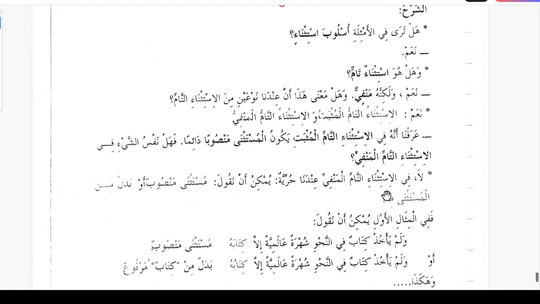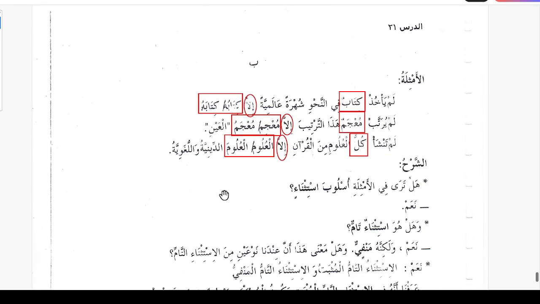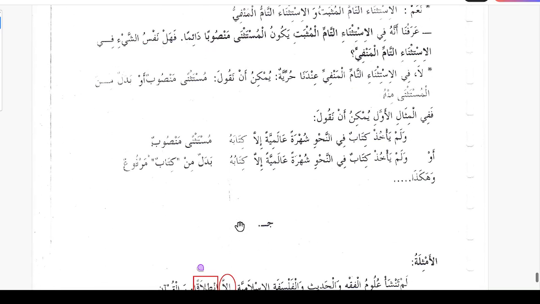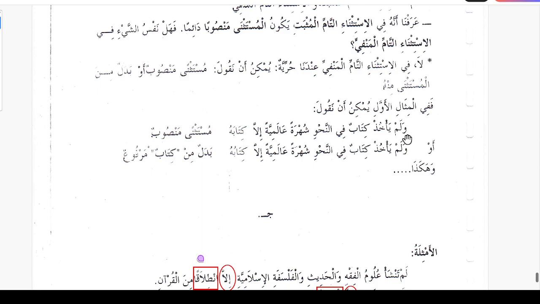So in other words, we have an option here, either to use the mustasna in mansub form, or we take the i'rab of mustasna minhu, like kitabun, mojamun, kullu. So we can take which are marfu, we can make them marfu, or we can make them mansub. So we have a choice here. ففي المثال الأول يمكن أن نقول, so in the first example, ولم يأخذ كتاب في النحو شهرة عالمية إلا كتابه.